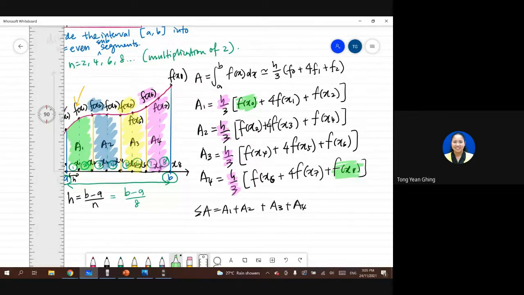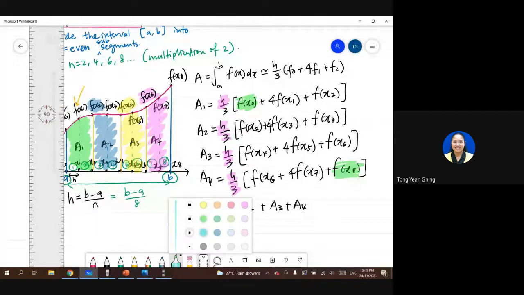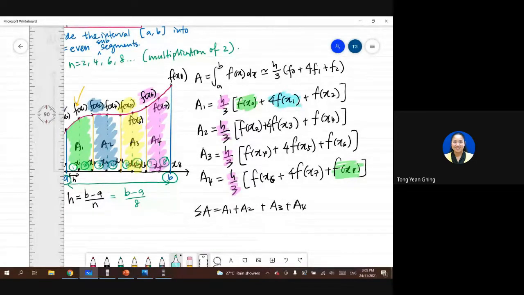Cuma kalau orang tengok yang f1 is 4 times f1, and then f3 4 times, f5 4 times, and then this f7. This is the odd. The odd number yang ganjil tu, kalau tengok, semua tu dia akan darab dengan 4.